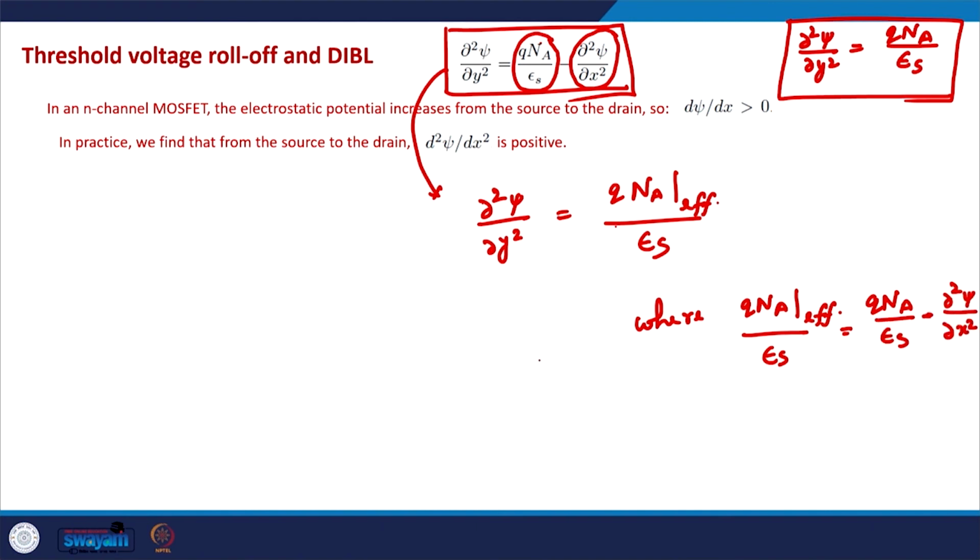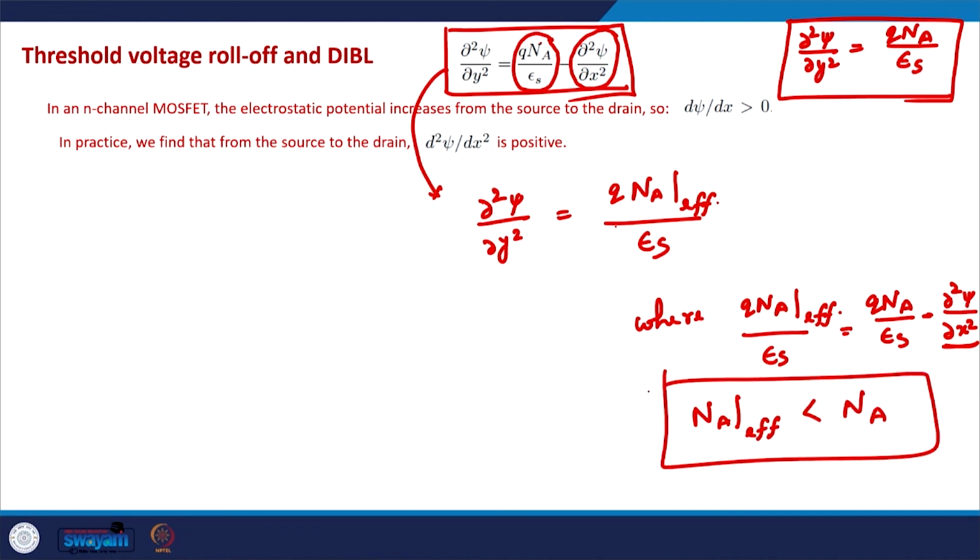And what we have just seen is that this is a positive quantity. So this Na effective is actually less than Na. This Na effective is the effective doping of the semiconductor when we consider the 2D electrostatics.